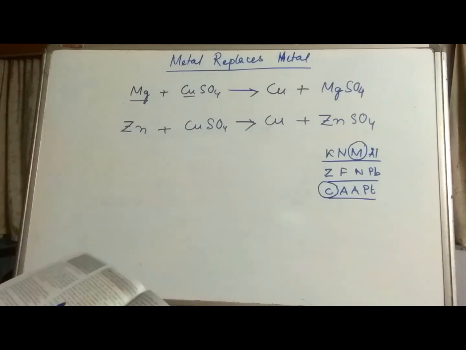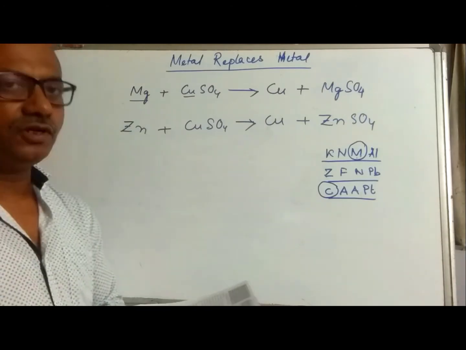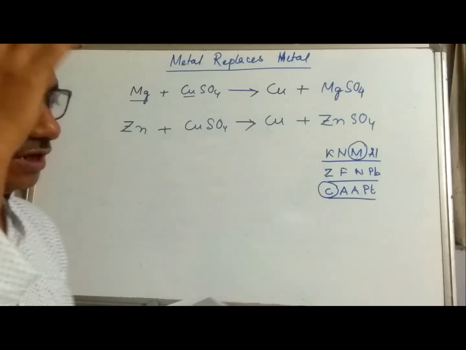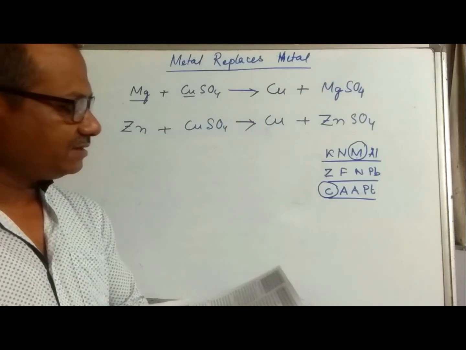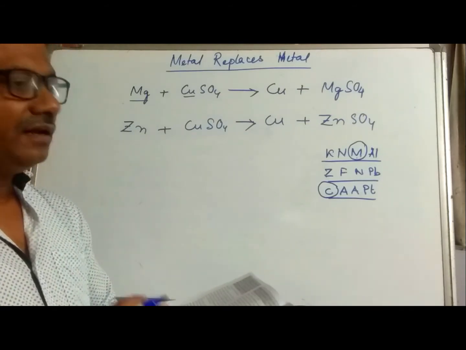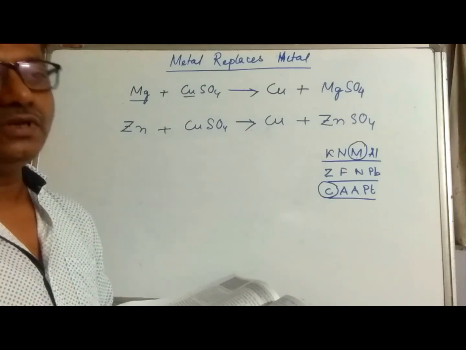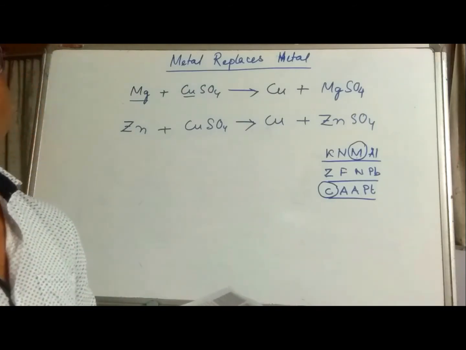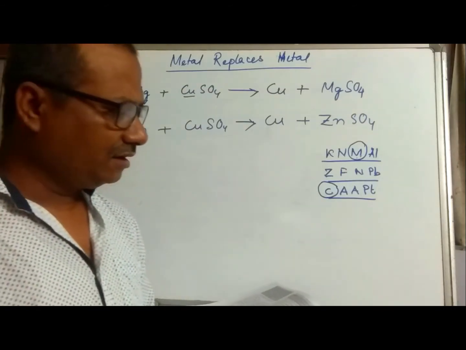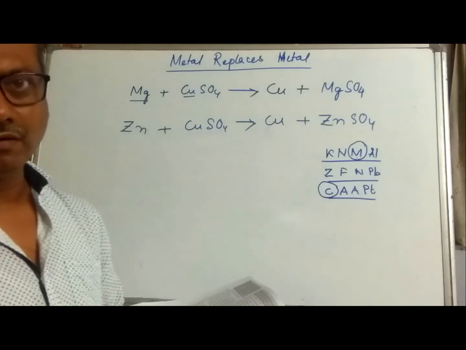Again, uses of noble metals. Noble metals means, as I told you in my previous class, the metals which do not react with any other metals or non-metals in normal condition.